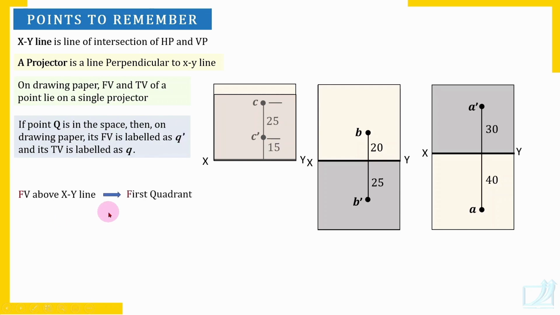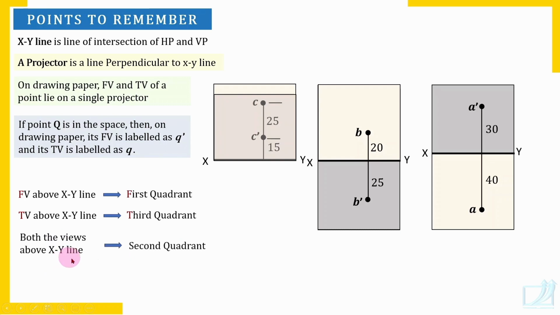So front view above XY line, that means first quadrant. Top view above XY line, so point is in third quadrant. Both the views above XY line, that is second quadrant, and both the views below XY line, that is fourth quadrant. So here, check here, only front view is above XY line.